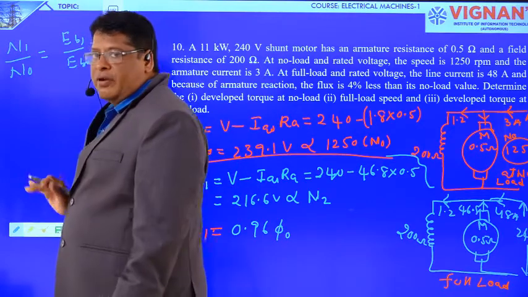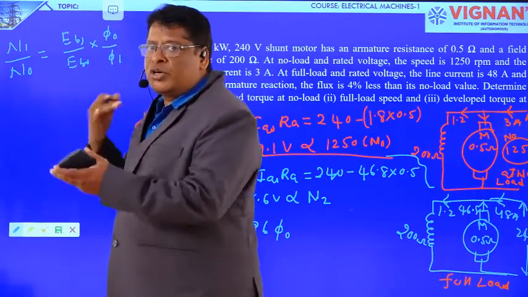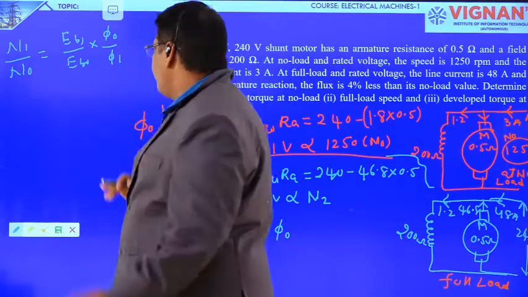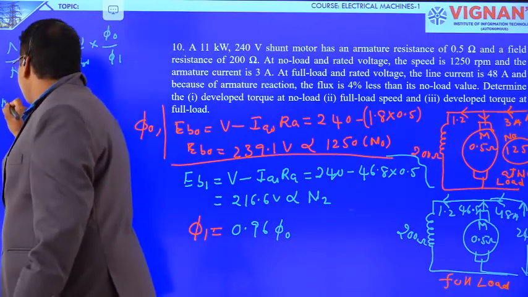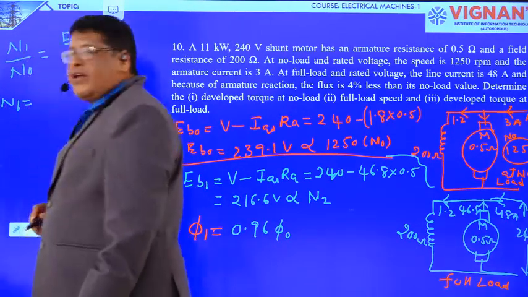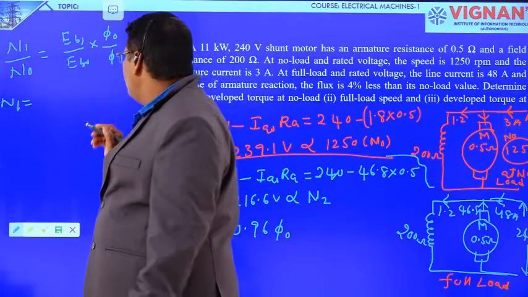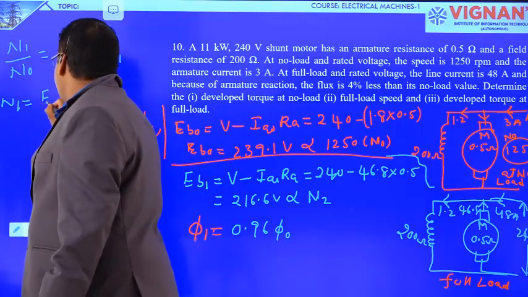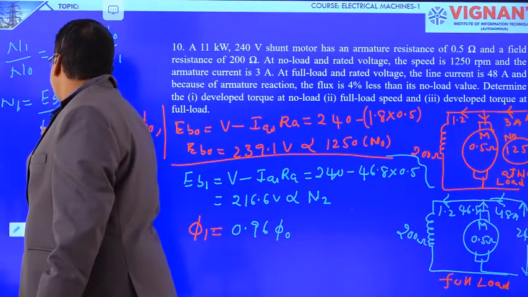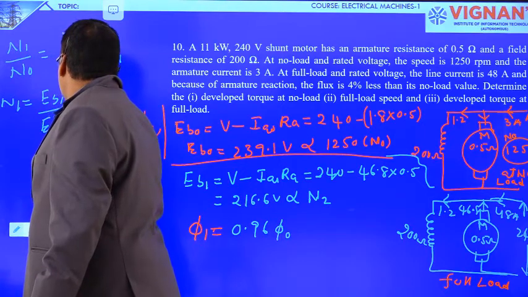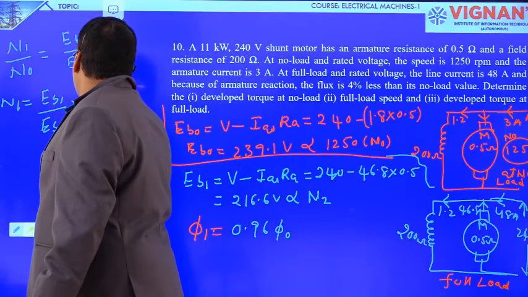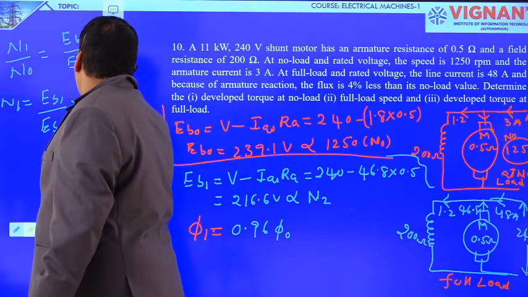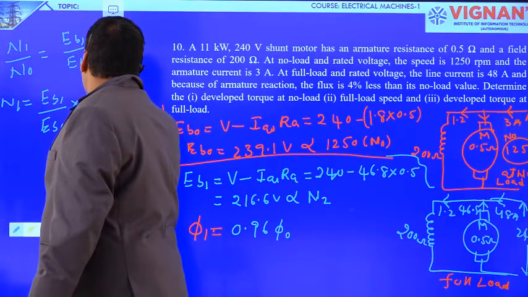Just we use this formula. Two cases, one is no load, another is full load. Now we are finding the value of N1, the speed of the motor at full load, which equals EB1 divided by EB0 into phi naught divided by phi 1 into the no load speed.